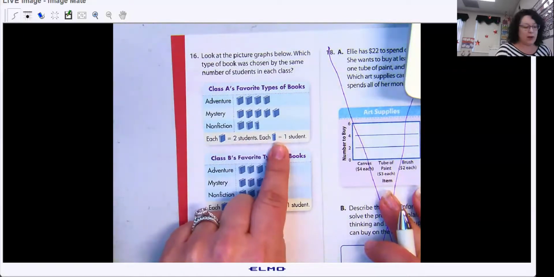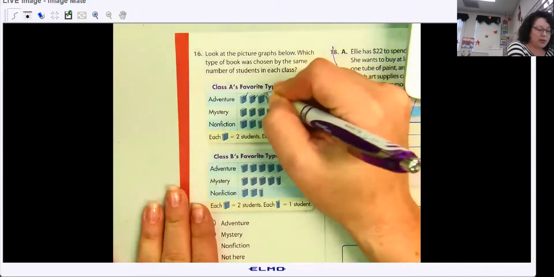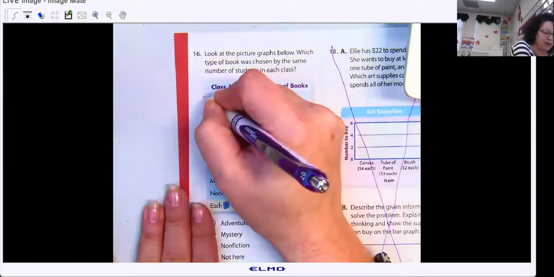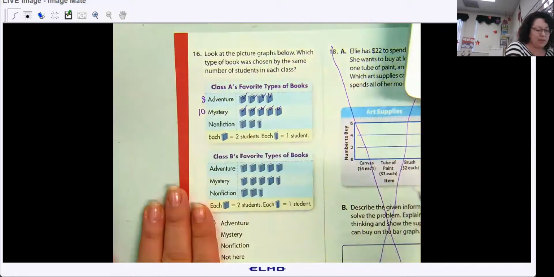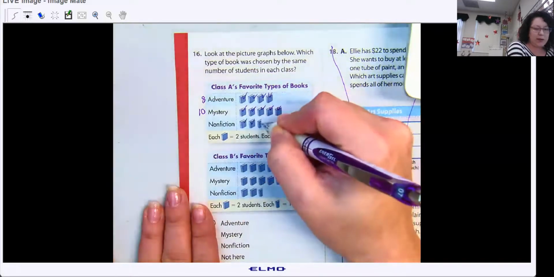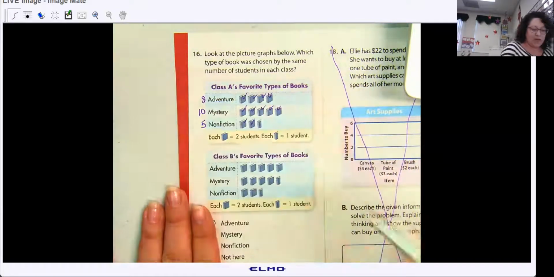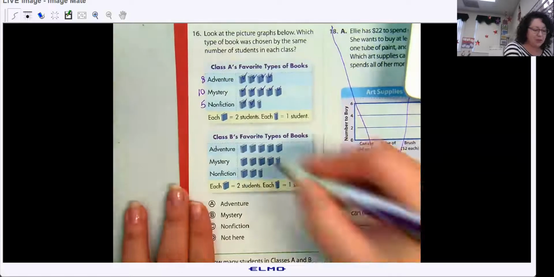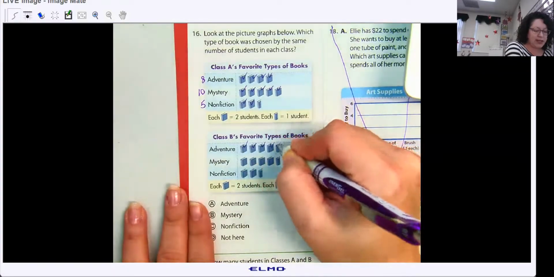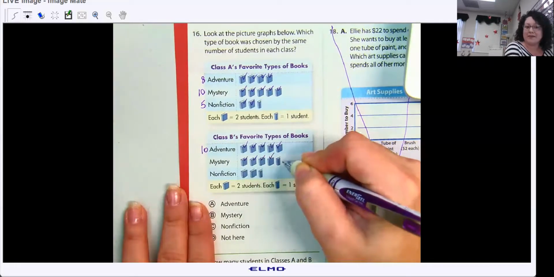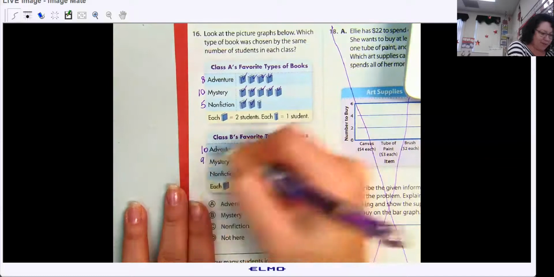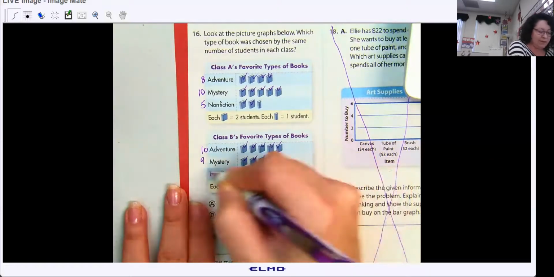Each half a book is worth 1. 2, 4, 6, 8 for adventure. 2, 4, 6, 8, 10 for mystery. 2, 4, 5 for nonfiction. 2, 4, 6, 8, 10 for adventure. 2, 4, 6, 8, half, 9 for mystery. 2, 4, 1, 5.